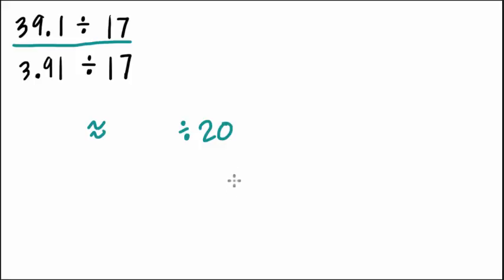And we need to round our whole, 39.1, to a number that can easily be divided by 20. So most of you are probably saying 40, right? 4 tens. Now I'm going to use my understanding of mental math to know that this is 4 divided by 2, and I'm going to know that my estimated quotient is going to be 2.